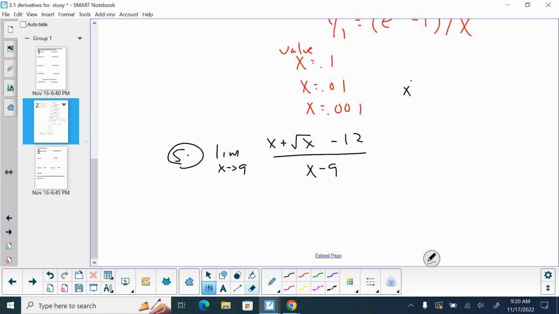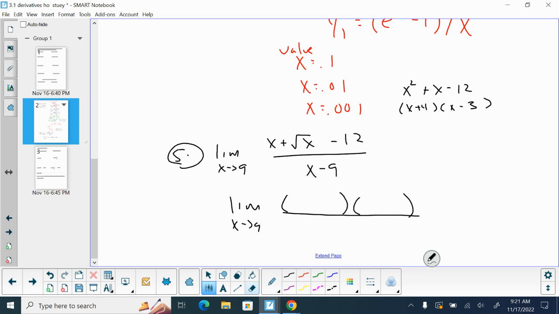But if I had x squared plus x minus 12, and I ask you to factor that, your two factors would be what, x plus 4 and x minus 3. And if I do my FOIL to undo this, I have x squared plus 4x minus 3x gives us plus 1x and a minus 12. I no longer have x squared plus x minus 12.